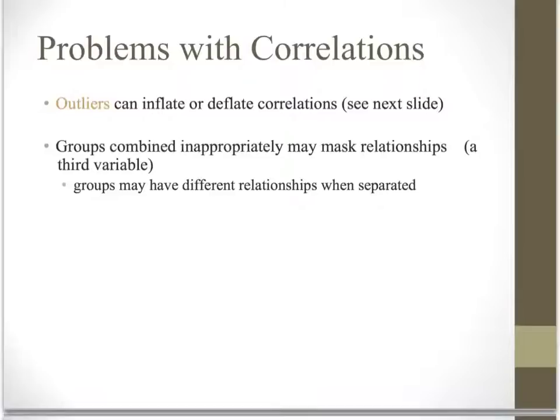It may not show the relationship that's there. And you may see something very different when you separate the groups. An example would be putting a whole population together and trying to look at a correlation with another variable, as opposed to breaking it out by male and female and seeing that maybe there's a strong correlation with the males, but no strong correlation with the females.